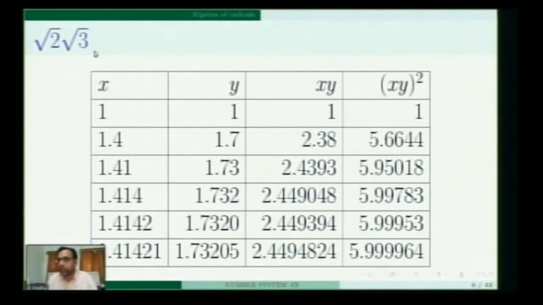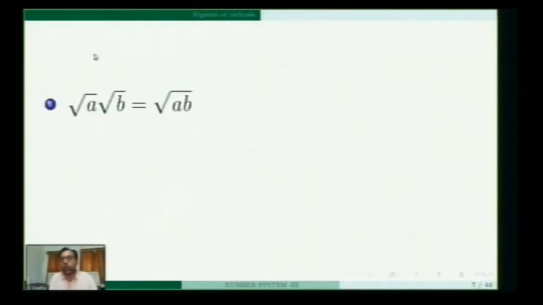So this idea we can generalize in such a way that root a times root b is equal to root ab, provided we assume that not both of them are negative. If both of them are negative, we'll end up in a new number system, which is complex numbers, which they are going to learn later, but we are not going to go in that direction. So you have to assume that both of them are not negative.